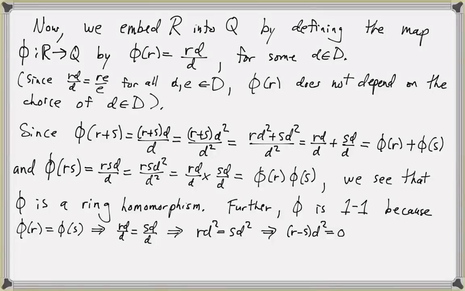But recall that d is an element of the set D, and therefore d squared is also in D. And so d squared cannot be a zero divisor, and d squared cannot be 0. So therefore, r minus s equals 0. Again, this follows from the fact that d is in capital D. And so therefore, we see that r equals s, and phi is one-to-one.